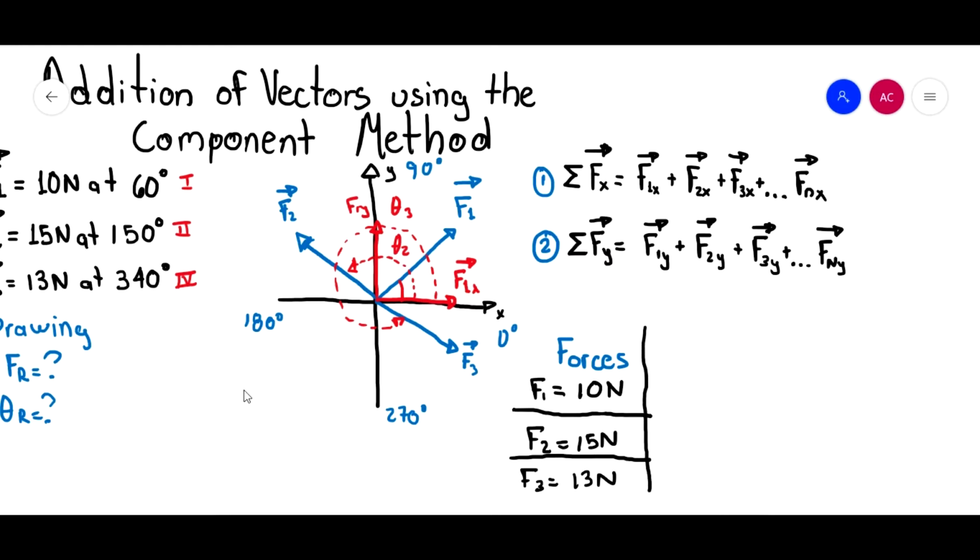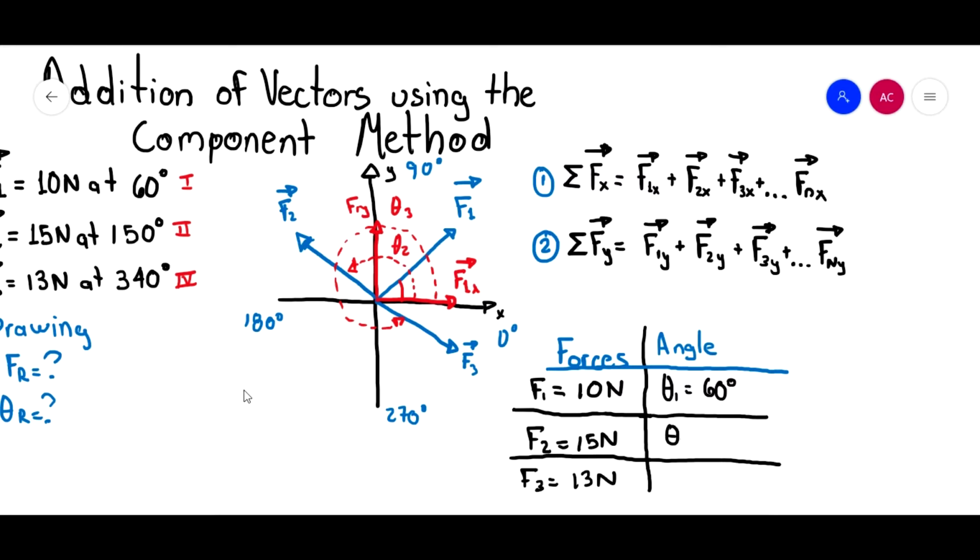The second column is going to be called angle, or the total angle, or direction if you wish. So the angle of force 1 equals 60 degrees. It's just a chart that I'm going to fill with information.